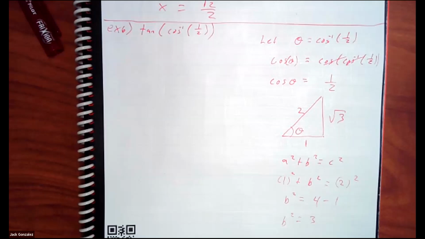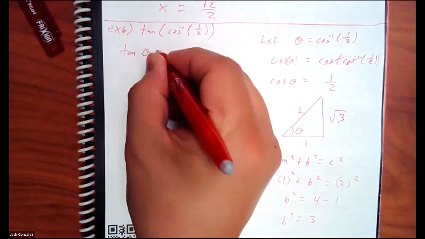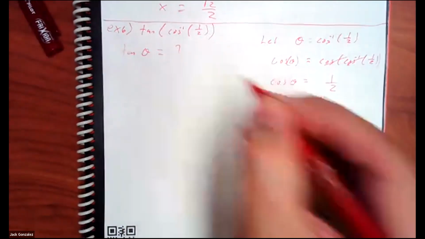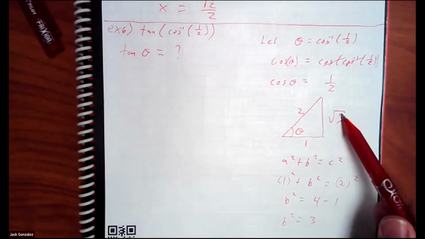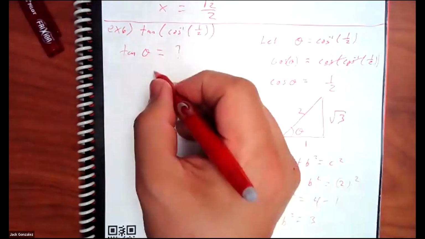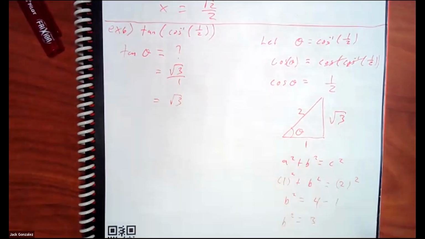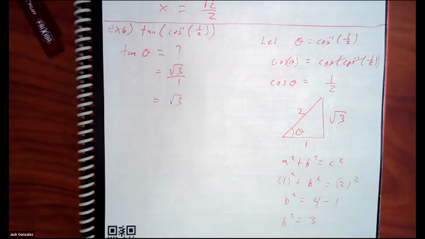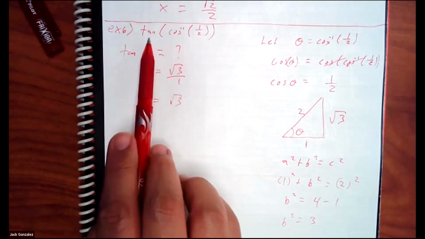Okay. So now I have all the sides. So basically this is asking me, what is tangent of theta? So that's going to be opposite over adjacent. That's it. So whenever you see something that has, see how they don't match up, so they're not going to cancel.